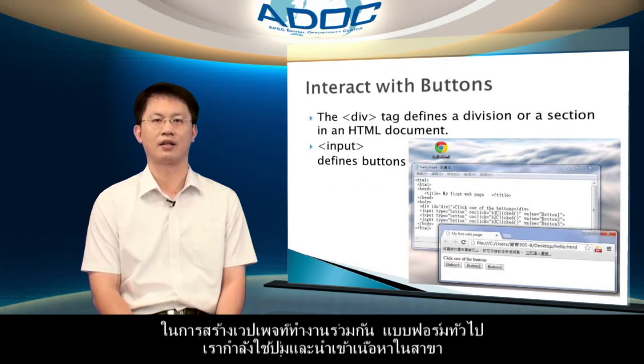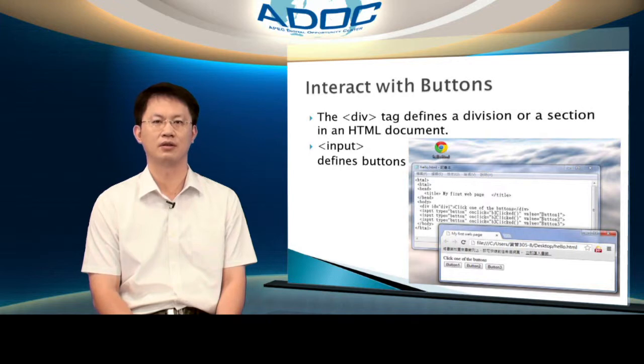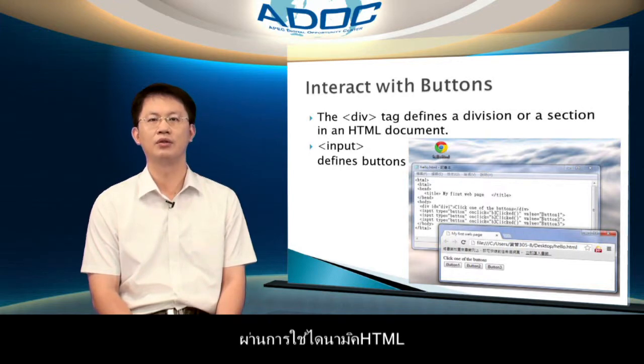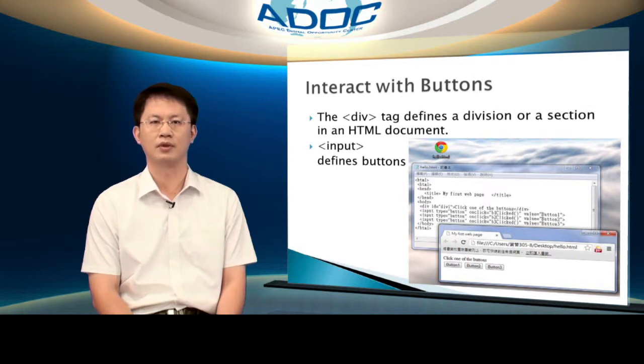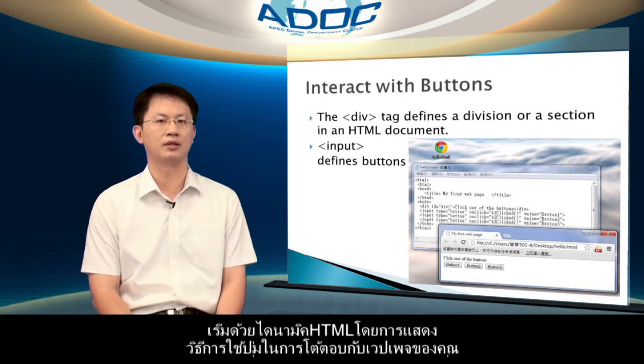To create an interactive web page, the common forms we are using are buttons and input text fields. Through the use of dynamic HTML, it allows you to update text and images in your web page. Let's get started with dynamic HTML by showing how to use buttons to interact with your web page.